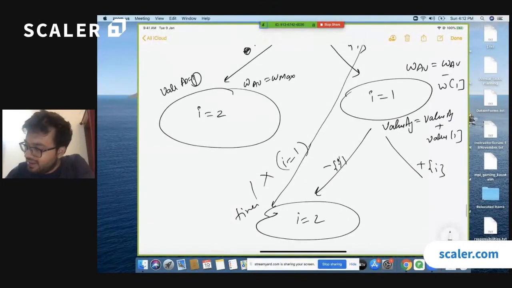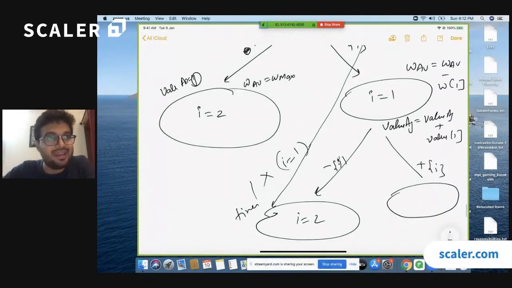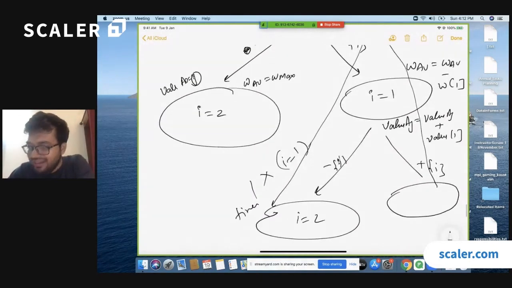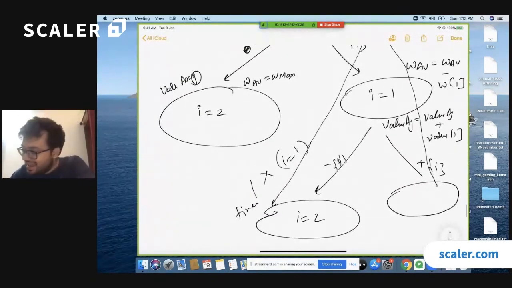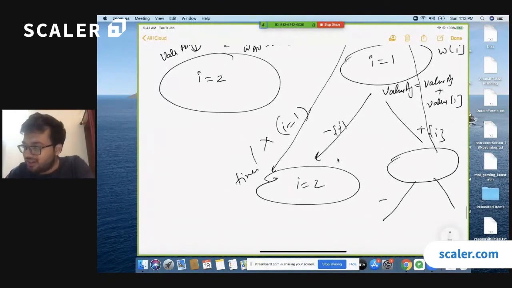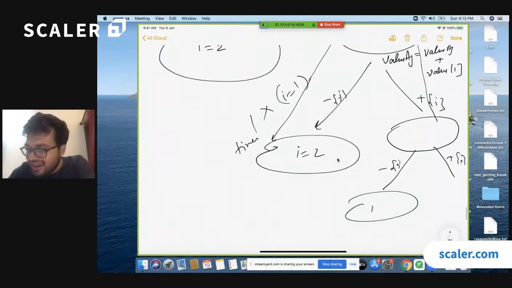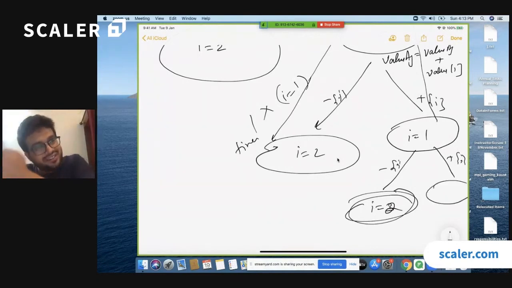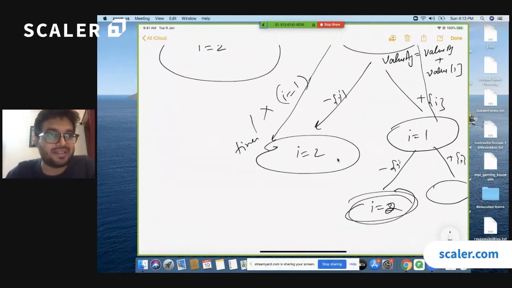If I choose i equal to 1 again, from this to this I have already selected it 2 times, and I again give myself the option of not selecting it and selecting it. If I do not select it now, I move to i equal to 2, because this state represents that I have selected i equal to 1 two times. If I still select it, that means I've already selected it 3 times and I'm again giving myself a choice. Does that make sense to everybody?